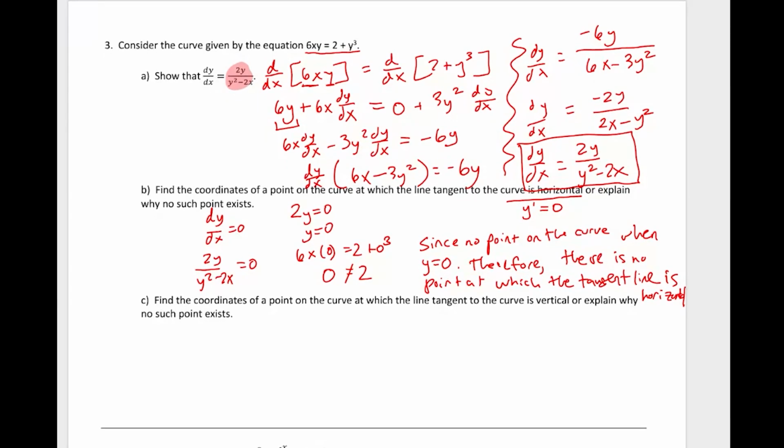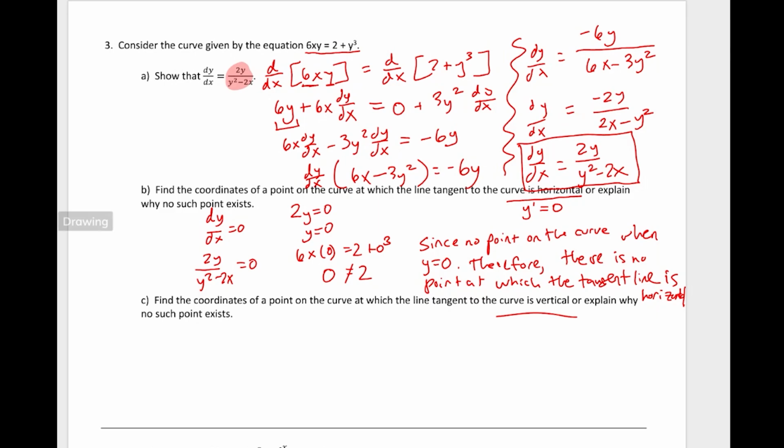All right, part C says, find the coordinates of a point on the curve at which the line tangent to the curve is vertical. Okay, so if on the curve you've got a vertical tangent line, that means the slope of that curve at that point must be undefined. A vertical line has no slope.